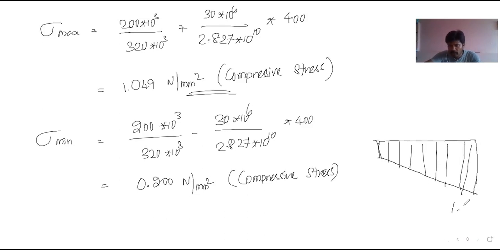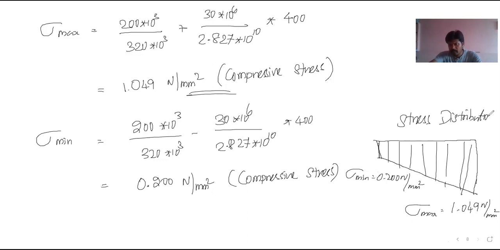So 1.049 Newton per mm square is the maximum stress, and similarly the minimum stress is equal to 0.200 Newton per mm square. So this is the stress distribution diagram. Up to here this problem is over.